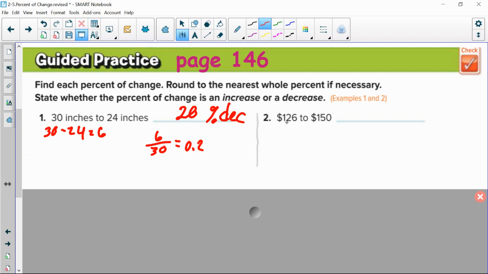What about number 2? I know it's an increase because I got to a bigger number. Then 150 minus my 126 is 24. Now I have to take 24 and divide it by my first number, because that's your original.